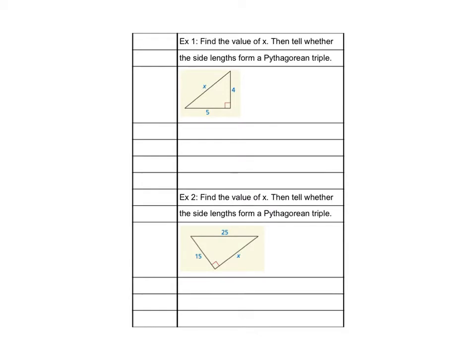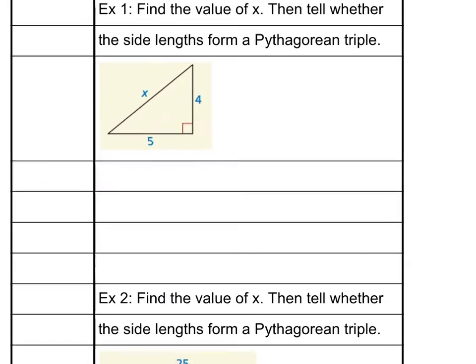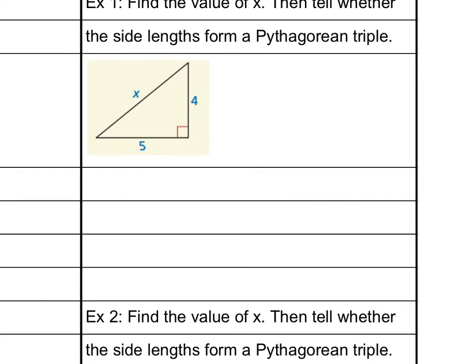So these first ones, it says find the value of x, tell whether the side lengths form a Pythagorean triple. Don't get this one confused with a 3, 4, 5, because the x is our hypotenuse. So we would do 4 squared plus 5 squared equals, I always say c squared, we probably should put x squared. Sorry, this looks like a 6, so 5.